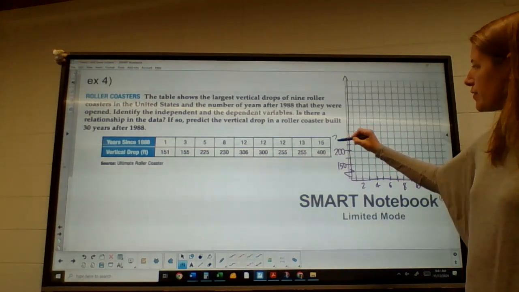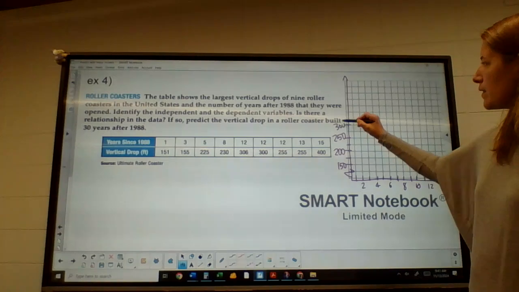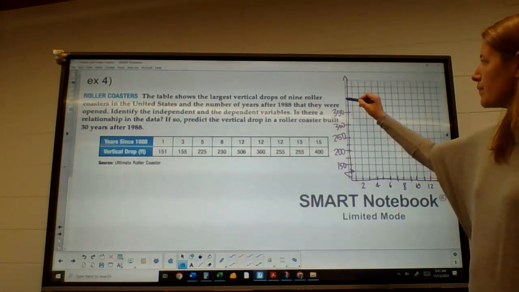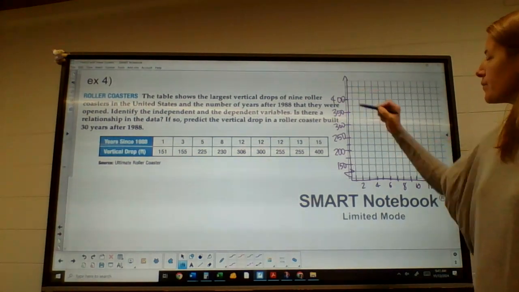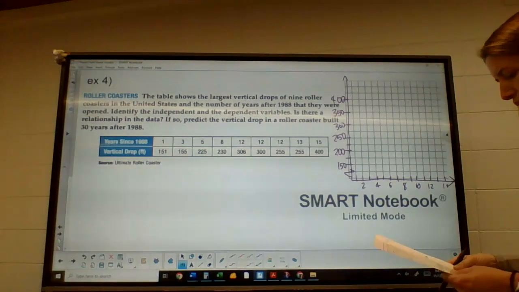So this will be 250. This will be 300, 350, 400. Should be it. Put this data on the graph.